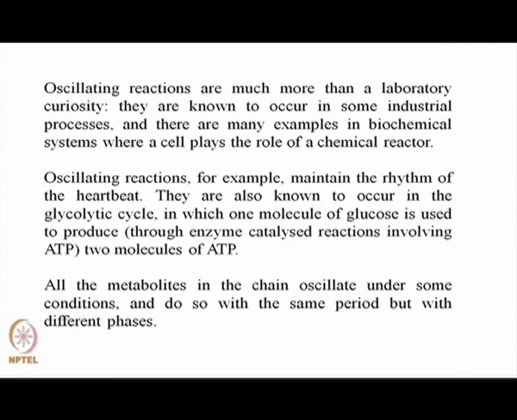Now, oscillating reactions, for example, maintain the rhythm of heartbeat. They are also known to occur in the glycolytic cycle, in which one molecule of glucose is used to produce, through enzyme catalyzed reaction involving ATP, 2 moles of ATP. So it is important there.